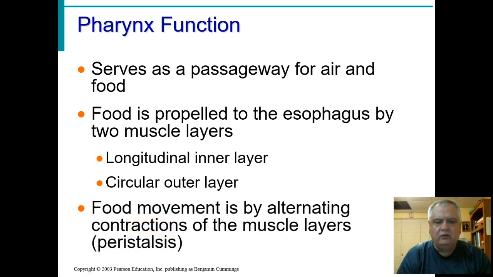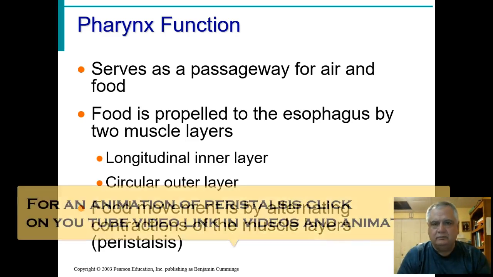And these two layers of smooth muscle tissue act by alternating contraction to move the food from the pharynx down into the esophagus and even beyond. These alternating contractions of these smooth muscle layers is referred to as peristalsis.